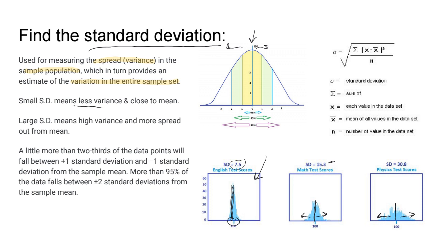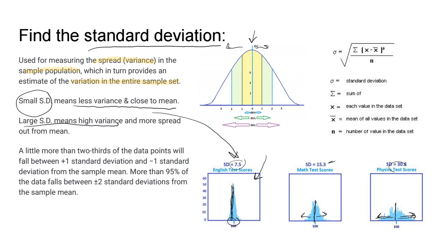The less variance and closer to the mean, the smaller the deviation. In this example, those sample individuals are bunched more up around the mean. If the standard deviation is high, then you're going to get something like this, where there are a lot more individuals spread out from the mean. So it gives us an idea of what our sample set looks like.